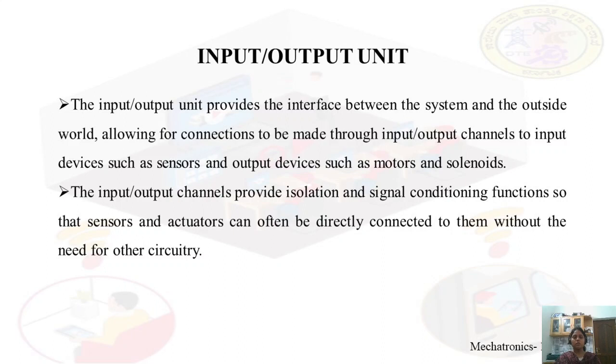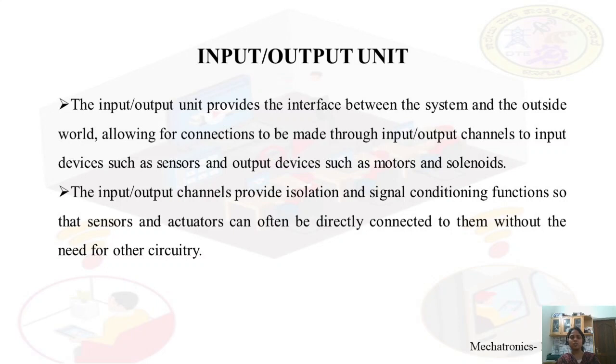See here, it provides an electrical isolation. How does it provide the electrical isolation? By using the opto-isolator or opto-coupler. In the opto-isolator we have two components, that is your light emitting diode and the phototransistor. Whenever a digital pulse reaches the LED, what happens? An infrared radiation pulse is produced.